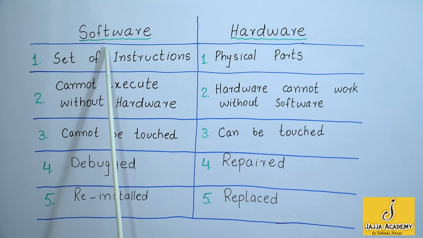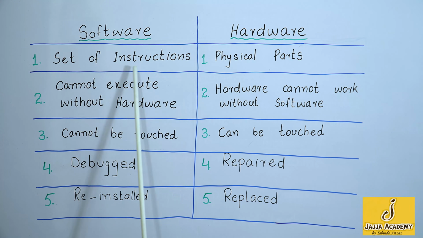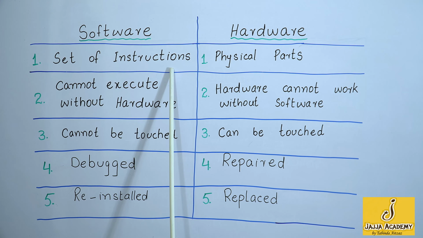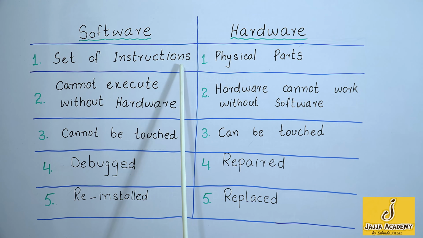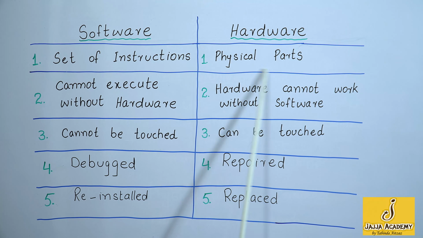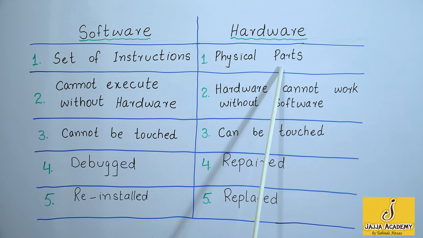Let's discuss the difference between software and hardware. Software is a set of instructions that tells a computer exactly what to do, whereas the physical parts of computer are known as hardware.